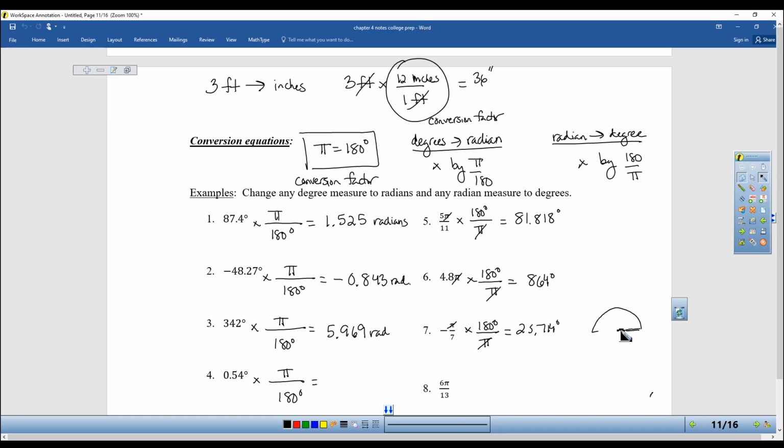So 1/7 of the way around. Oh, that came out really bad, didn't it? 25.714 degrees. And the last one, you can show me when I go to check your notes that you did it yourself. 180 over pi. The pi's cancel. Go ahead and get that answer for me.